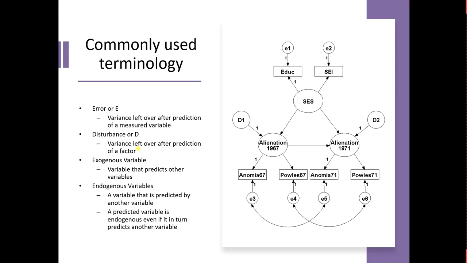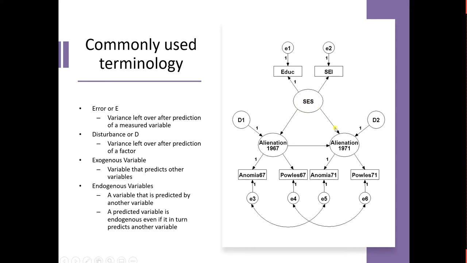An exogenous variable is a variable which predicts other variables but is not being predicted by any other variable. So let us see this model on the right side. Here you can see SES. SES is not predicted. There is no arrow coming towards SES.